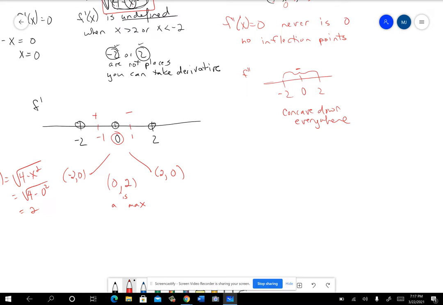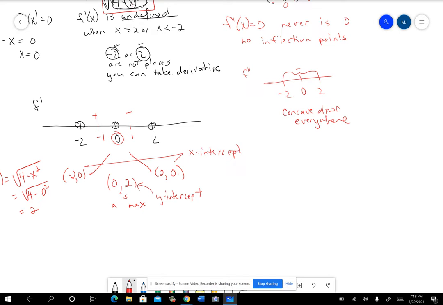All right, so we pretty much have everything we need, because this is a max, but it's also a y-intercept, isn't it? Because the x is 0, so there can't be any others of those. And then the original function is defined at -2 and 2, and the y-coordinate is 0. Those are x-intercepts, so we don't have to do any additional work.